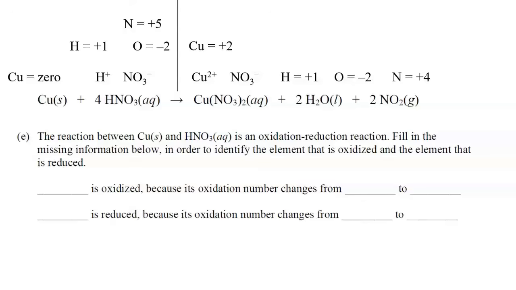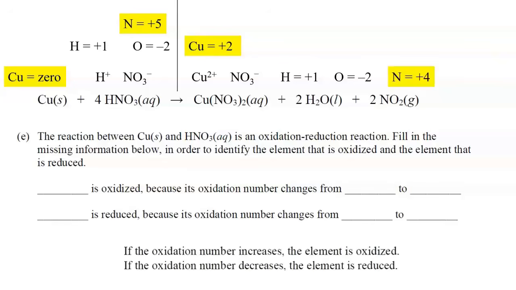So now that we have assigned oxidation numbers for the elements on both sides of the equation, let's see what's changing. Copper is changing from 0 to +2. Nitrogen is changing from +5 to +4.